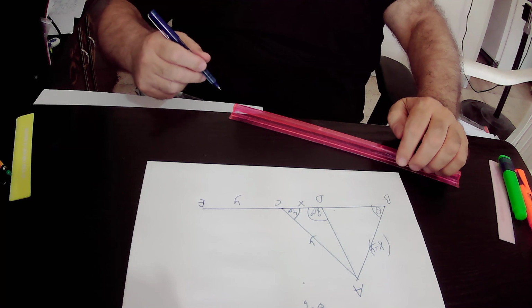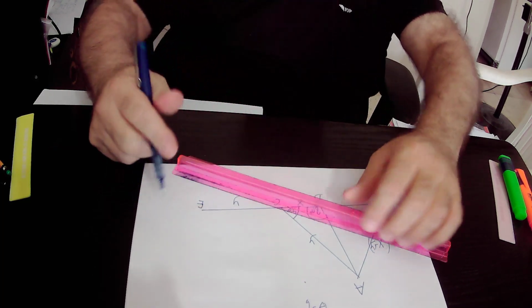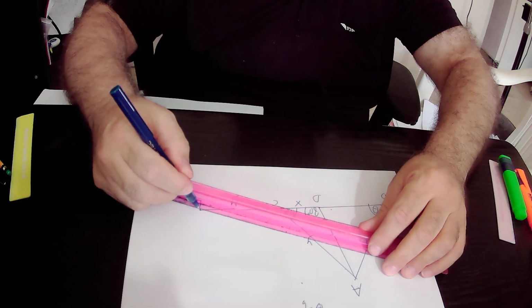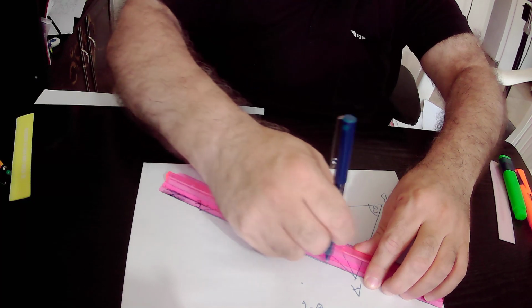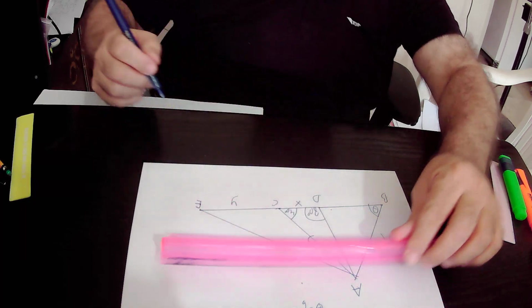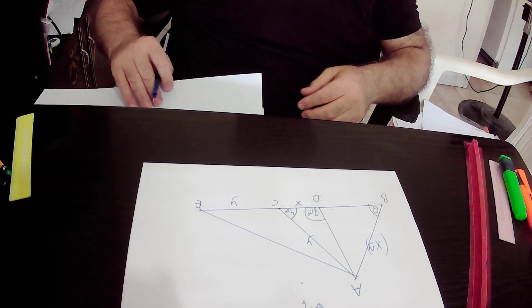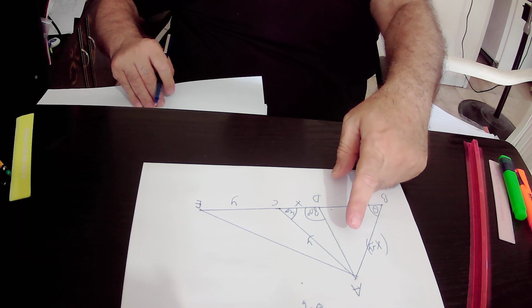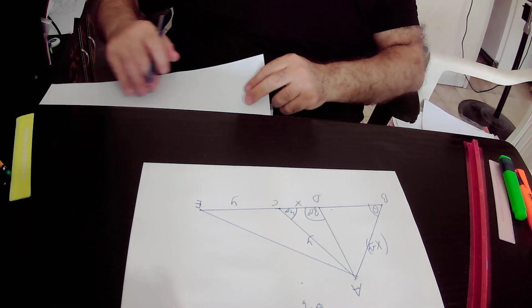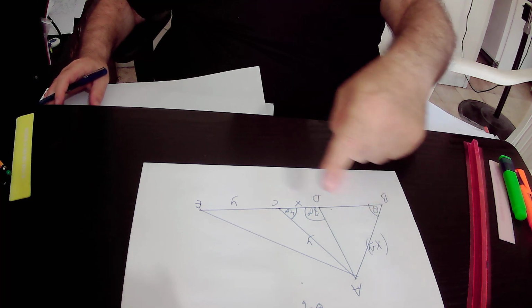In the next step, we'll join points A and D together by a straight line. And we'll focus on the new triangle, triangle ACE, created here by joining points A and D together by a straight line.